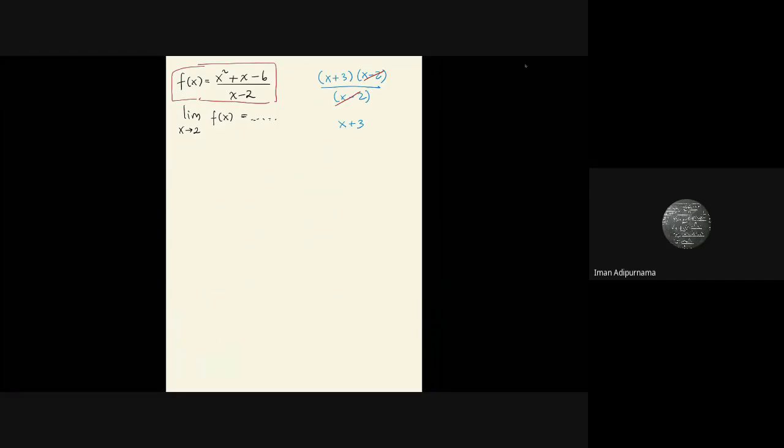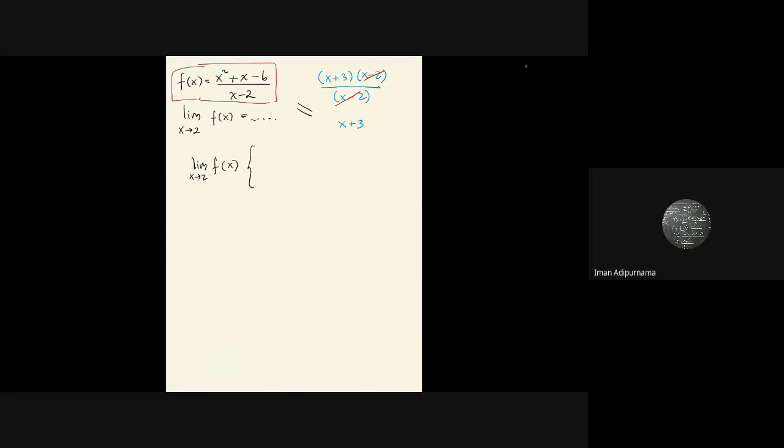I want to ask you, is x plus 3 the same as our original function? No, right? So what actually happened is you're having f(x) with two conditions. When you plug in x equal to 2 into our function, it is 0 over 0.